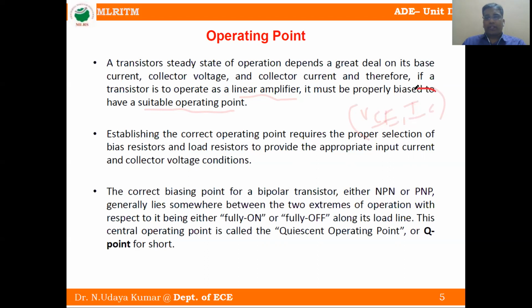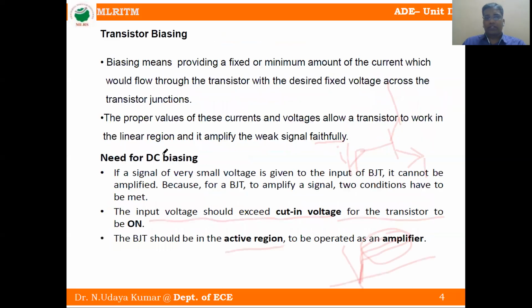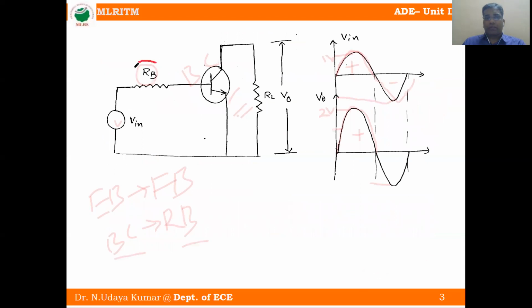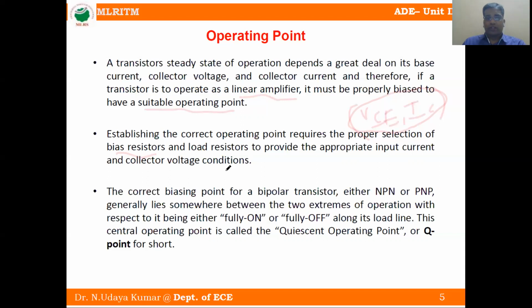So this operating point we will get based on proper bias resistors, meaning RB, which we just saw, and proper load resistors. We will get this point, VCE comma IC at the output side.